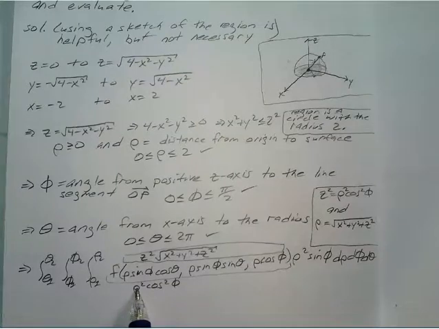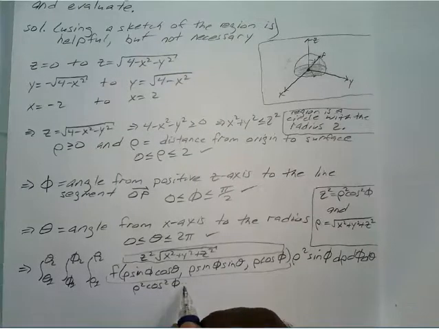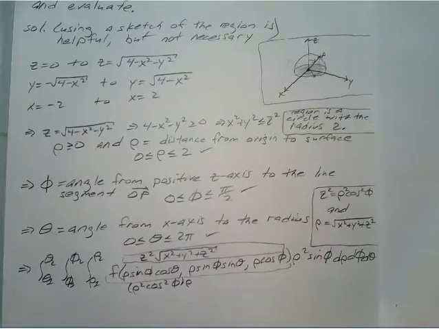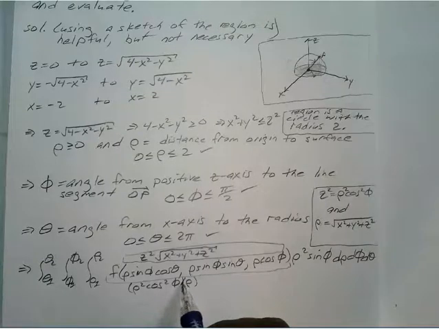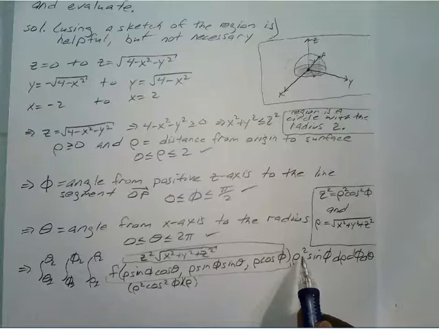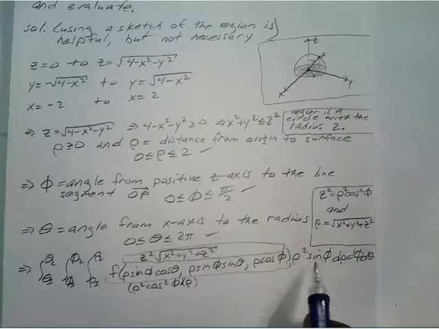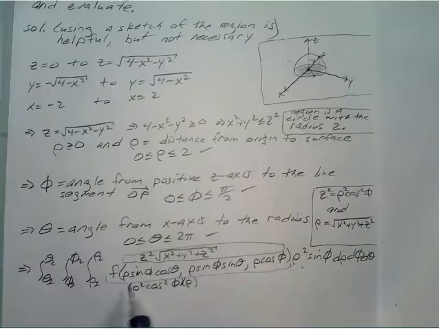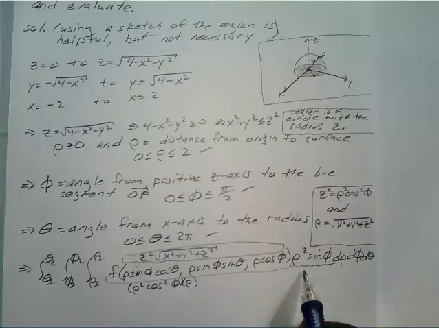That's rho squared cosine squared of phi times rho. You don't really need the parentheses if you don't want to put them there. I just put them there to separate it. It's still multiplied by rho squared sine of phi. That doesn't go anywhere. That's multiplied to whatever this becomes. So you're going to multiply it by that.